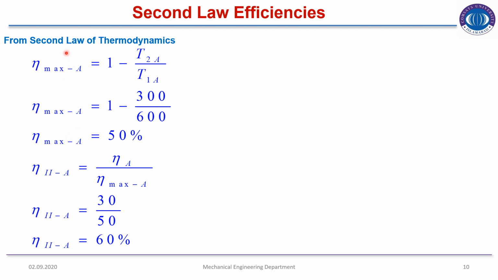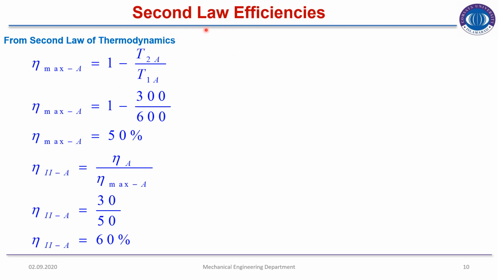When we were calculating the thermal efficiency according to the first law of thermodynamics, it came out to be 30%. But when we calculate thermal efficiency according to the second law of thermodynamics and consider that the heat engine is a reversible heat engine, the efficiency comes out to be 50%. Now how to calculate second law efficiency?